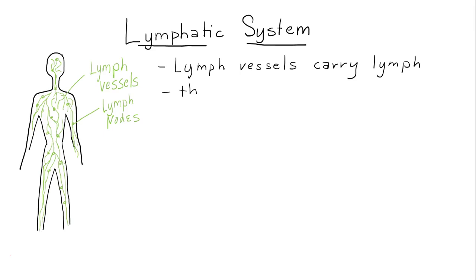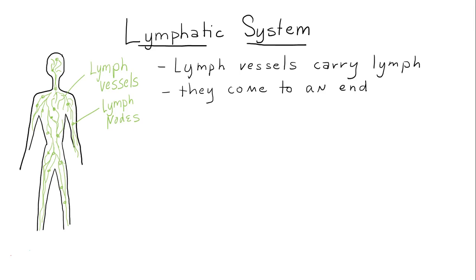These lymph vessels come to an end, which is very different from blood vessels, which are in a closed circuit. So blood vessels don't end. They're kind of like a roller coaster, which keeps going round and round. But lymph vessels come to an end. They're more like roads that eventually come to an end.